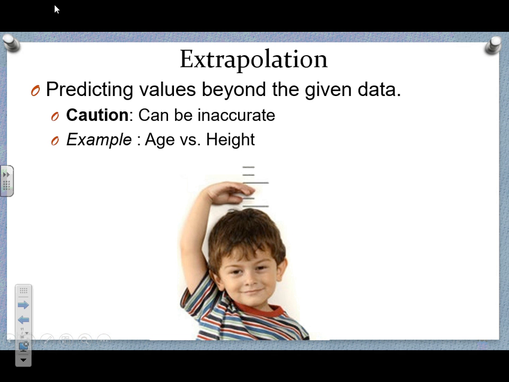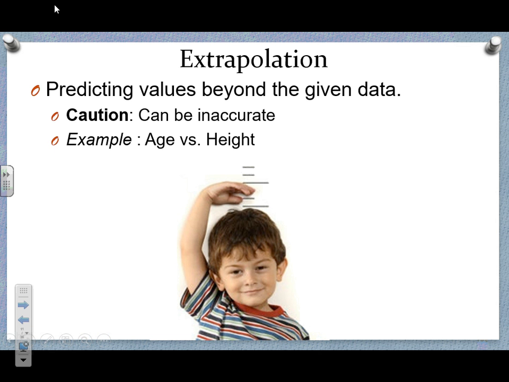So the example I always use is age versus height. As you get older, what tends to happen as far as height goes? It goes up, right? So think about from the time you're a child to about now, usually. You generally get taller every year, right? Some of you grow faster or slower than others, but in general, every year you get taller. Now, if I tried to use that same model, so let's say I came up with a model to predict a person's height at age 13.